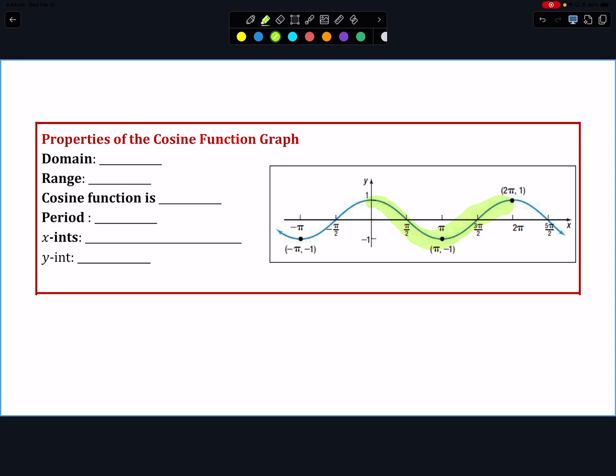So looking at this graph, can you predict for me what is the domain? All real numbers, because it's going to go forever this way and forever this way. Good. So the domain is all real numbers, negative infinity to infinity. What is the range? Negative 1 to 1.